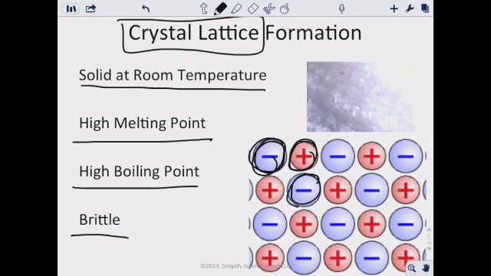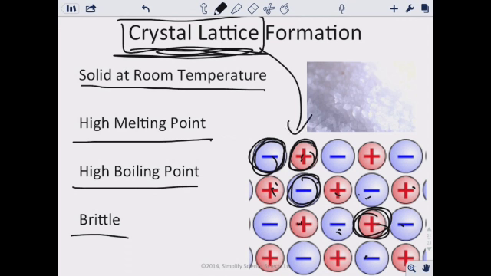All these negatives are surrounded by positives, and all these positives are surrounded by negatives. That's what a crystal lattice is: positives surrounded by negatives, and because of that, it has a very strong bond.